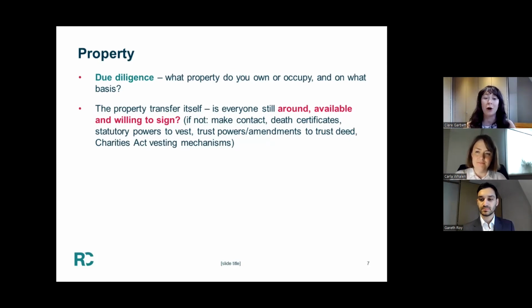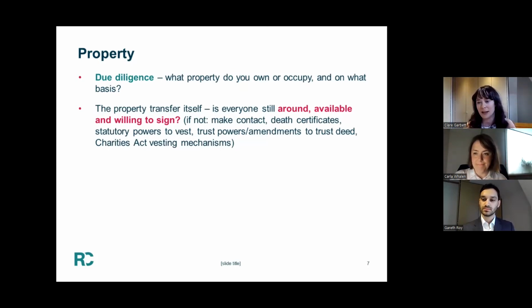And a problem that can often come up with property, and is another reason to incorporate, is that people often forget to update the title when someone dies or a new trustee comes on board, etc. So often we'll see that the title is actually held by people who are not the current charity trustees. And there are basically ways to deal with that.